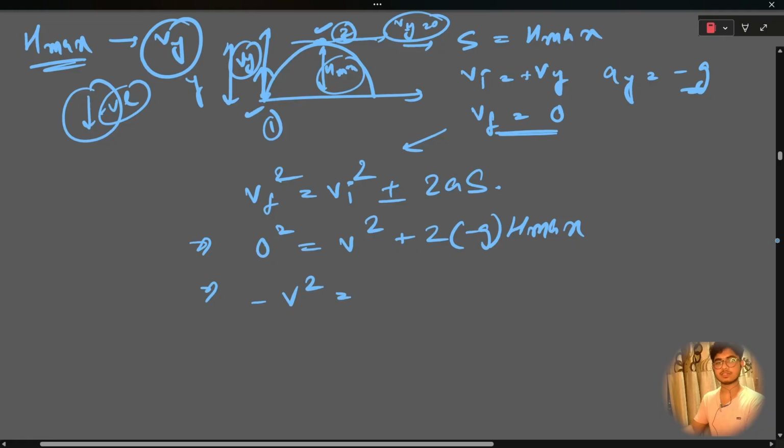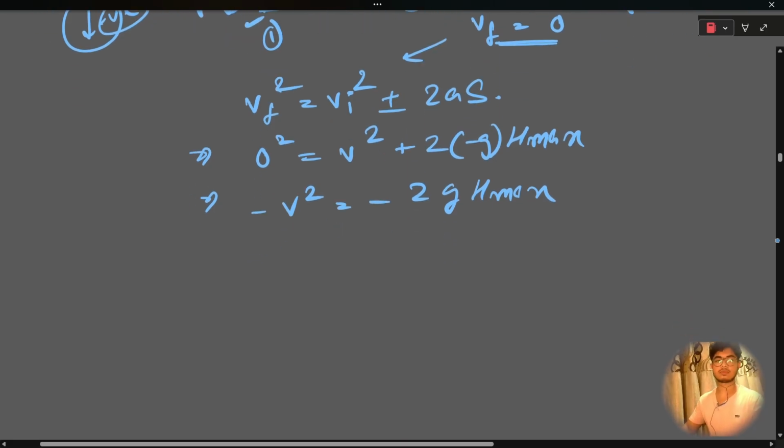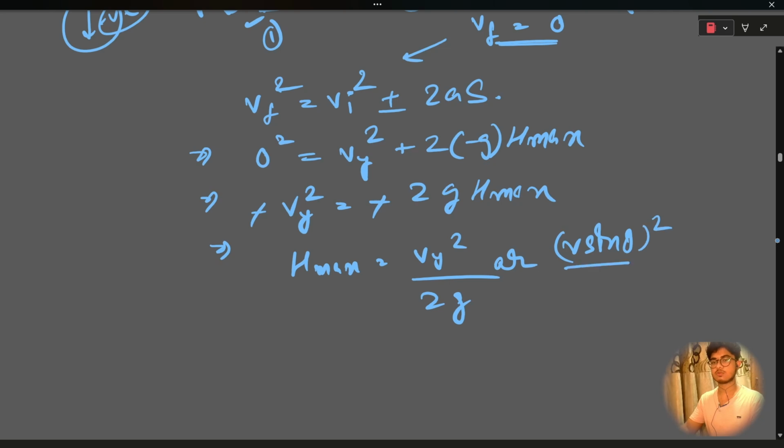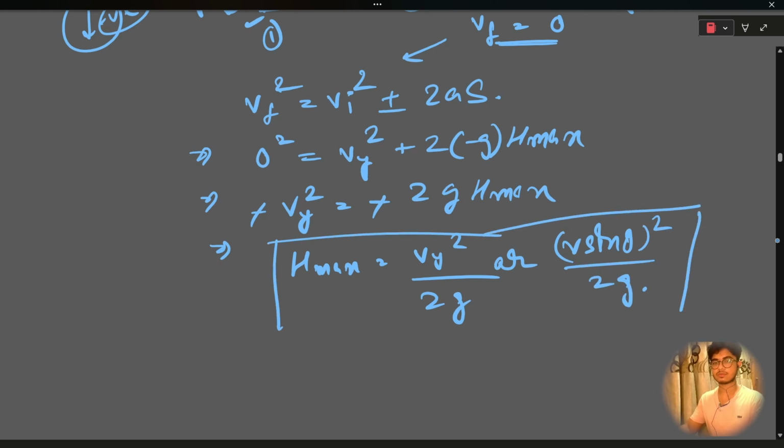This will be minus Vy square equal to minus 2g h max. Minus signs get cut out. H max equal to Vy, sorry, this is Vy square by 2g, or v sine theta whole square by 2g. Okay, this is the formula for height max.